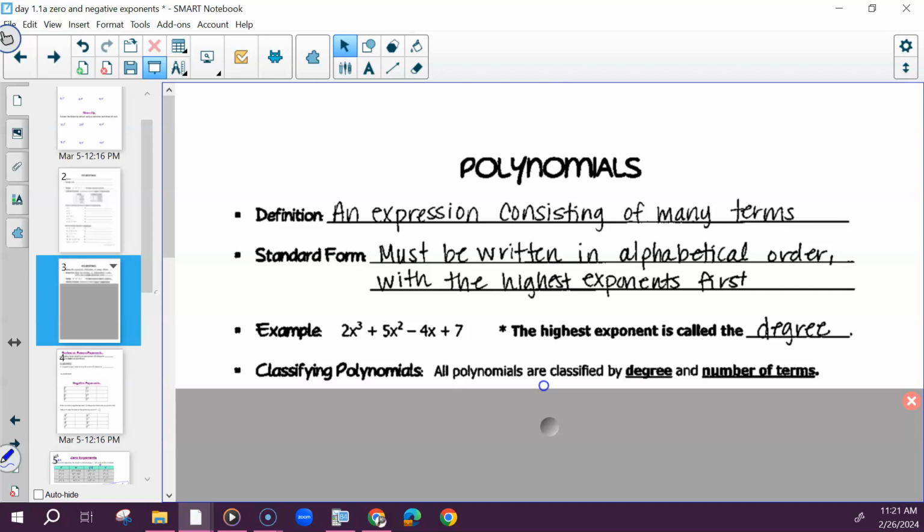So we have to keep those two straight. And then you'll see two tables or charts underneath this.